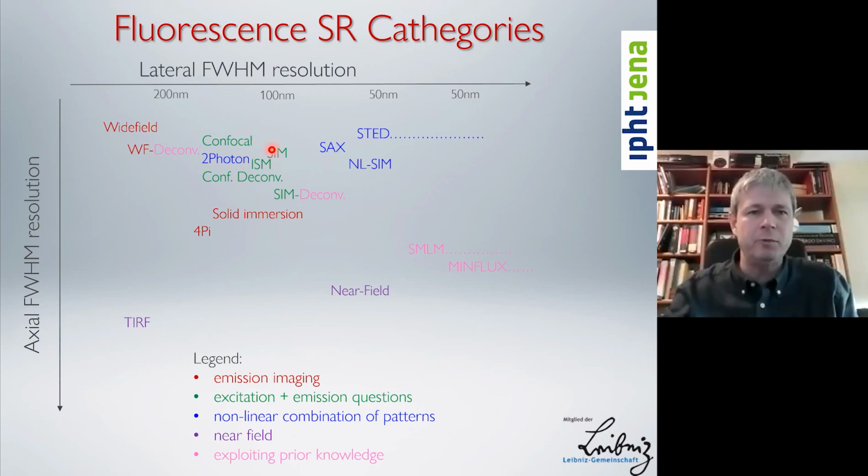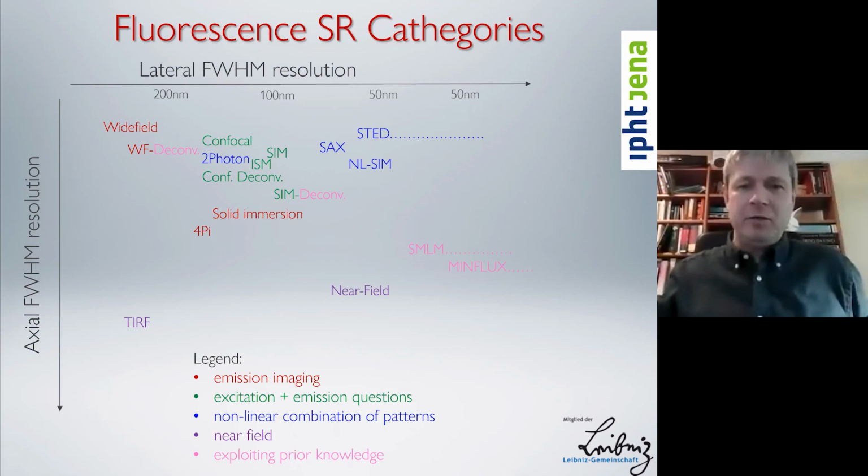So this is the world where SIM lives in. And then you have nonlinear combinations, which is like STED, SAX, and nonlinear SIM. And then you exploit prior knowledge, like single molecule nature, which gives you all the way from modest improvements in deconvolution to the top resolution instruments like single molecule localization or MINFLUX.